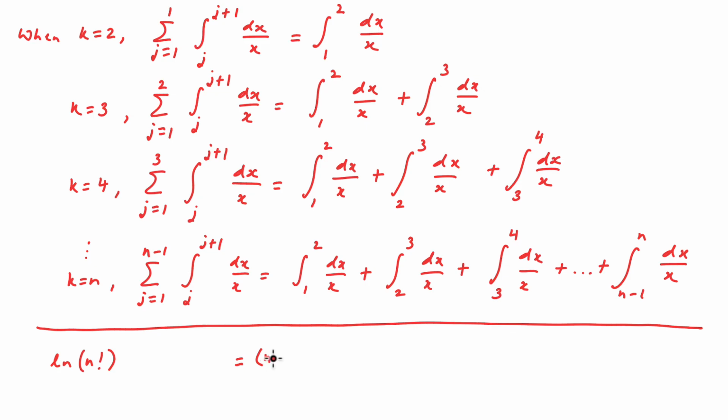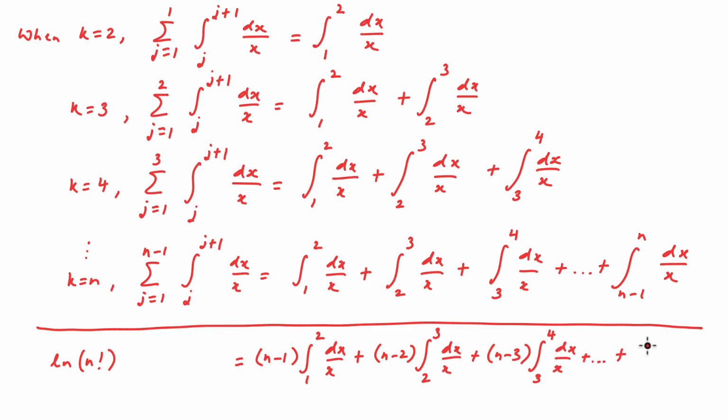So this becomes n minus 1 times integral 1 to 2, 1 upon x dx. The next term is n minus 2 terms of integral 2 to 3 dx upon x, followed by n minus 3 terms of integral 3 to 4, 1 upon x dx, plus and so on. And finally, we have integral n minus 1 to n, 1 upon x dx.